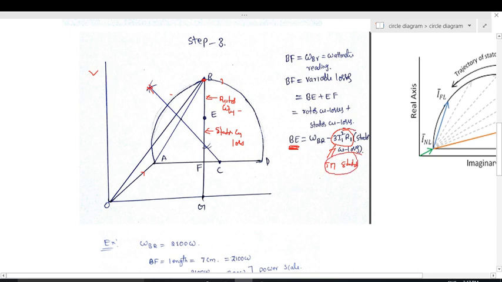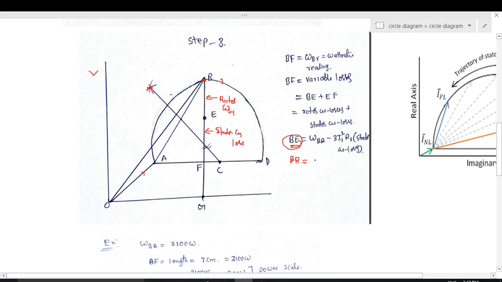So this is the total losses in the stator, and this is the total losses in stator plus rotor. If you subtract stator losses from total losses, we will get the rotor copper losses. In that way we can find the rotor copper losses.